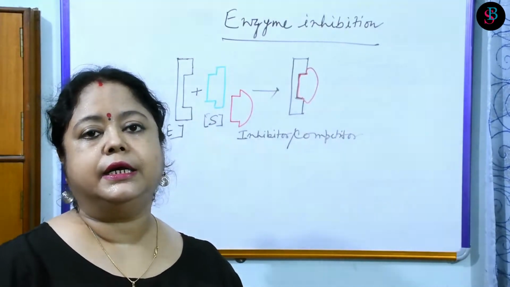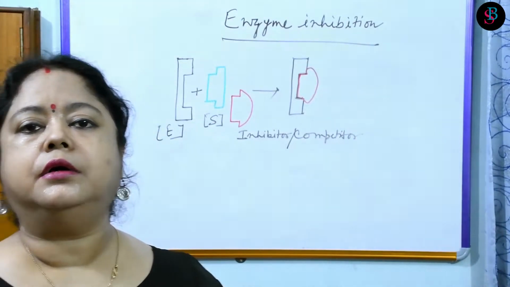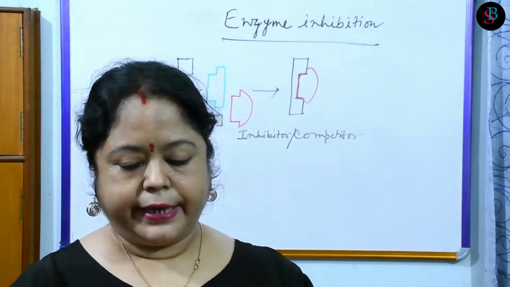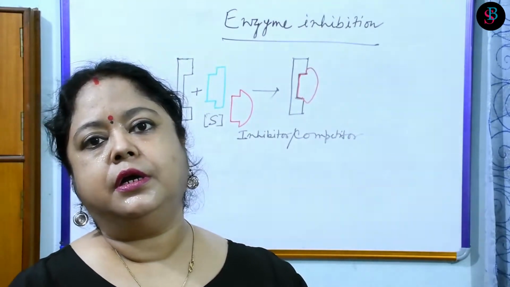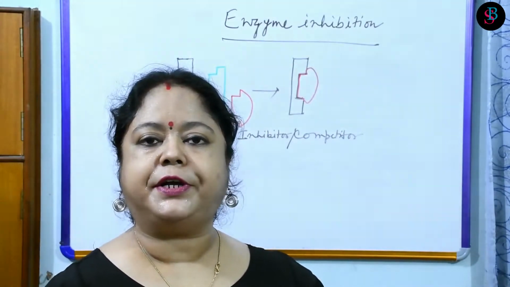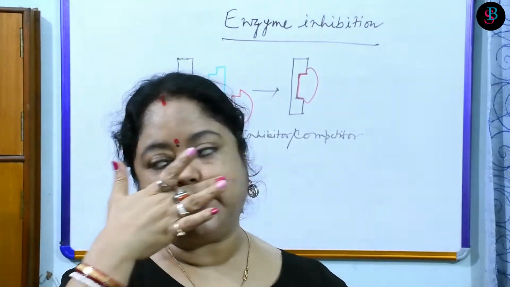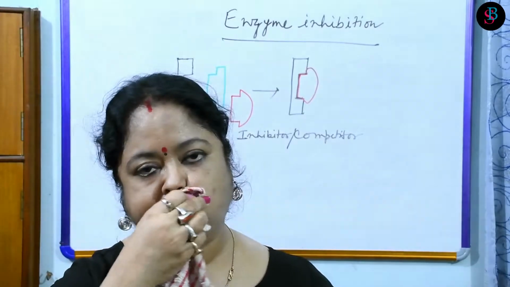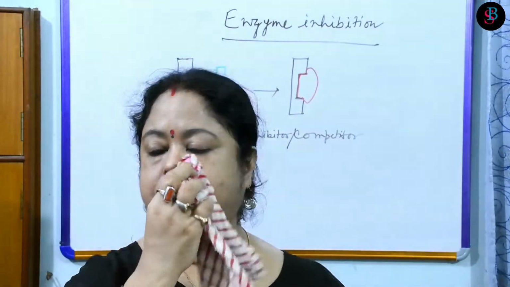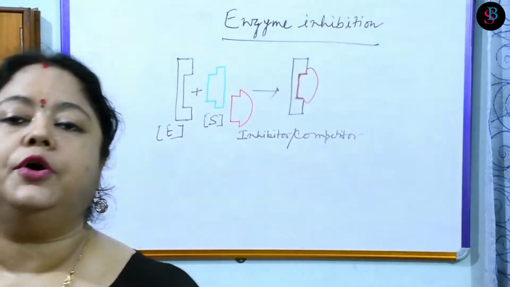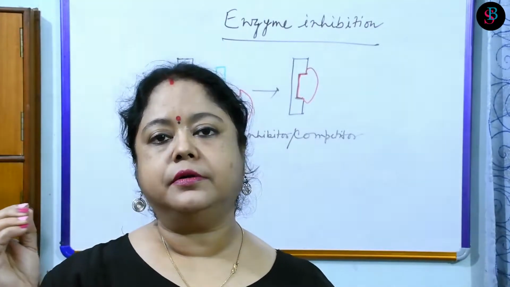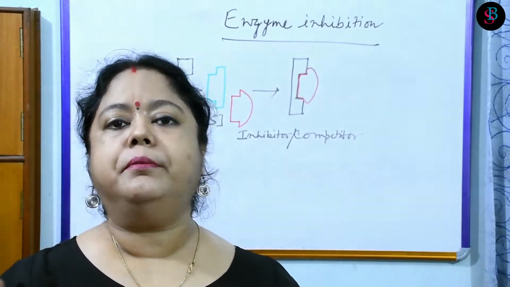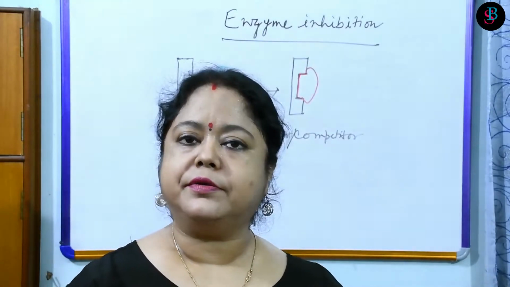Now after that, there is no chemical matching between the enzyme and the inhibitor. In enzyme and substrate, they have the chemical matching, and so they will go on with the reaction. But in the case of the inhibitor, they have no such similarity or matching with the enzyme.